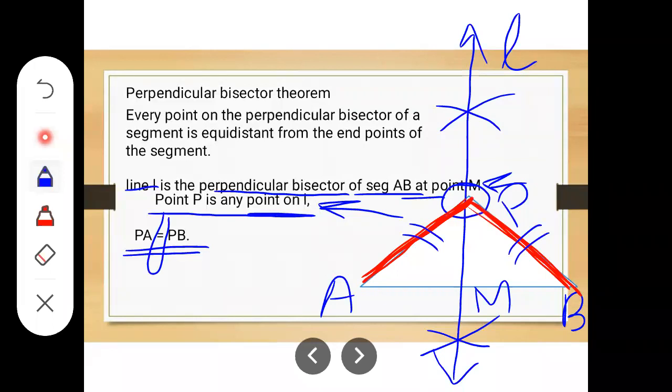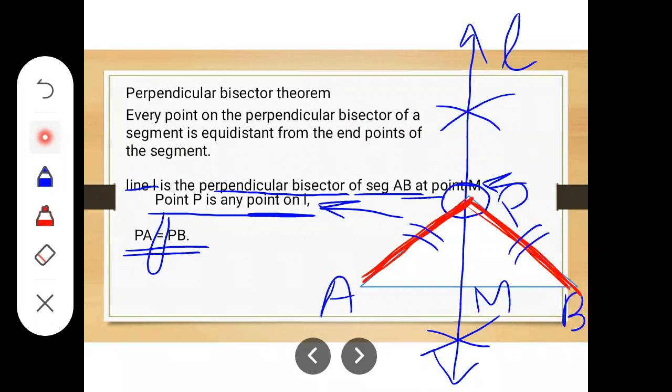So the statement is that point P is at the same distance from the end points of the segment. End points of the segment means A is an end point and B is an end point.